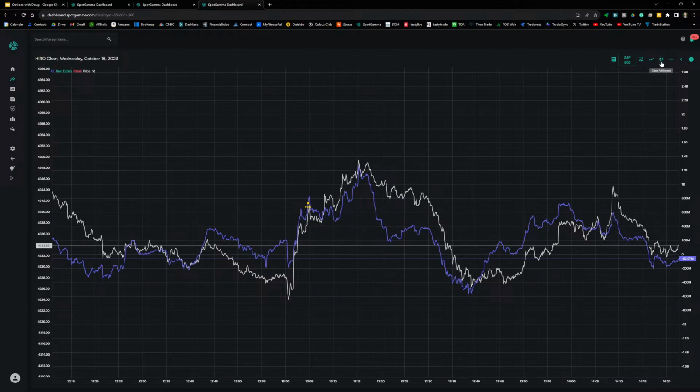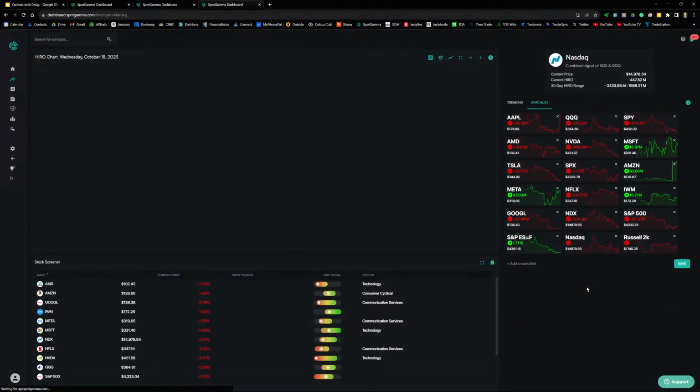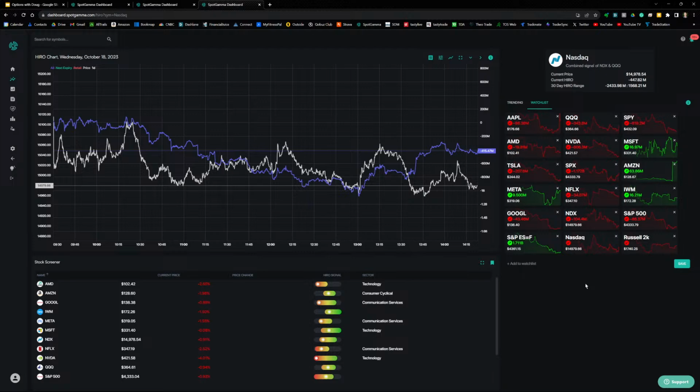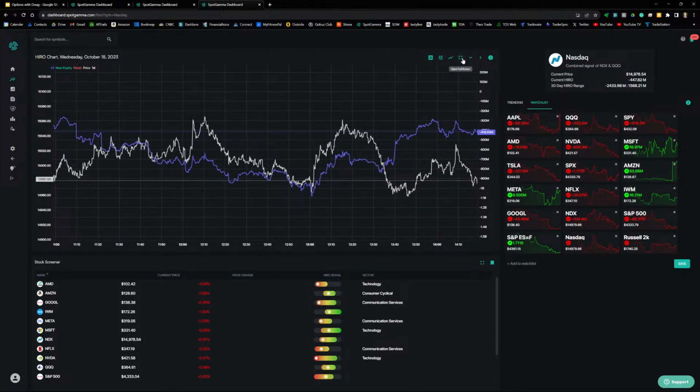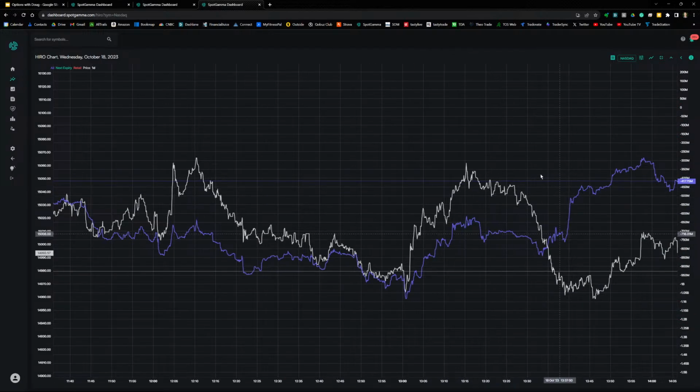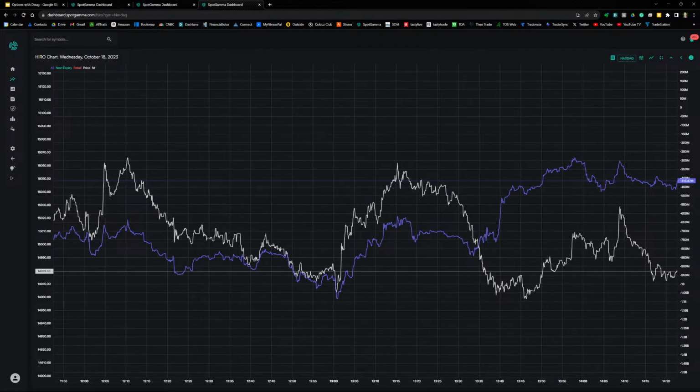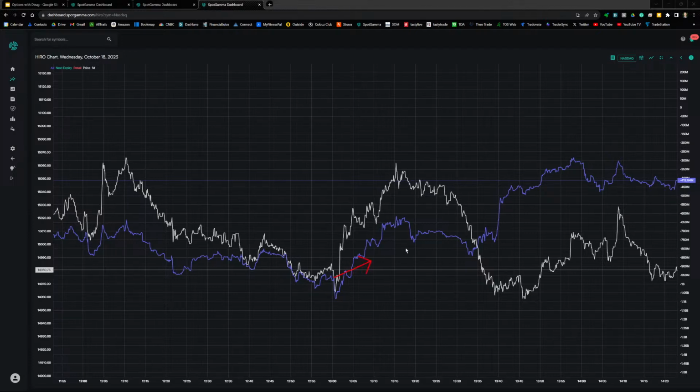Let's take a look at NASDAQ. So starting right around 1 o'clock for NASDAQ, options traders were taking positive delta positions, and it looks like about 2 o'clock that has leveled off and price has dropped lower.